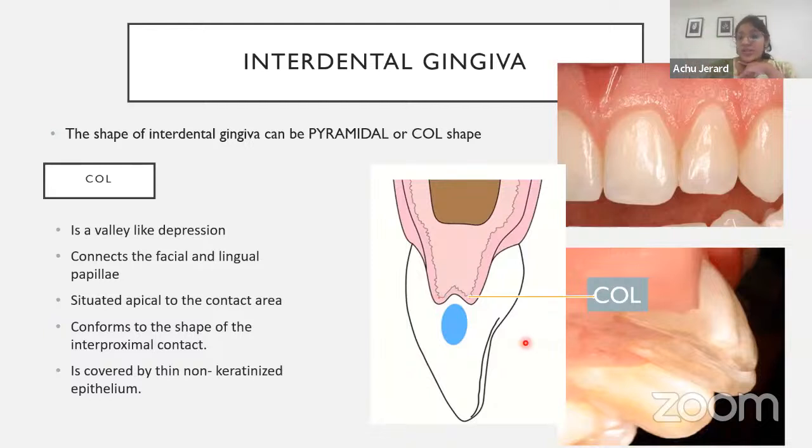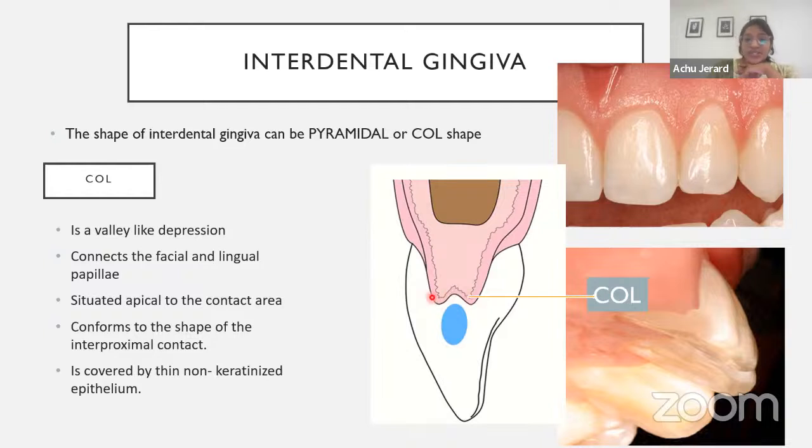In the anteriors, it is generally a point contact between two teeth, whereas in the posterior, it is more like a surface contact. So that forms a valley-like depression here.